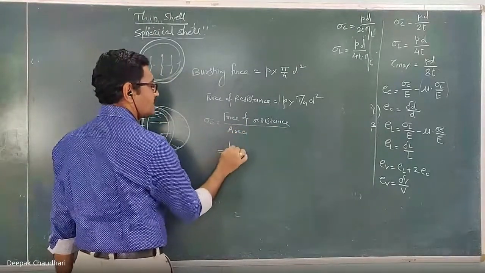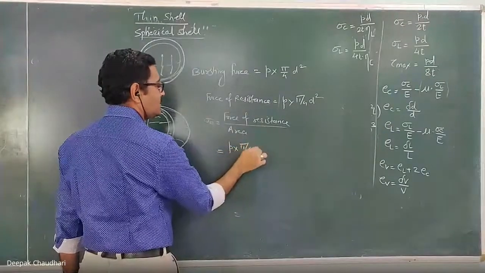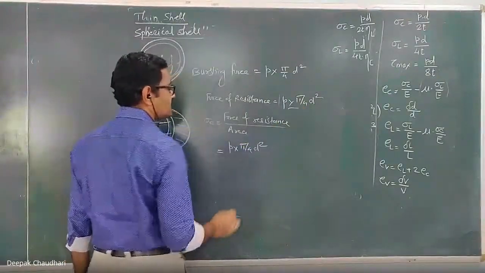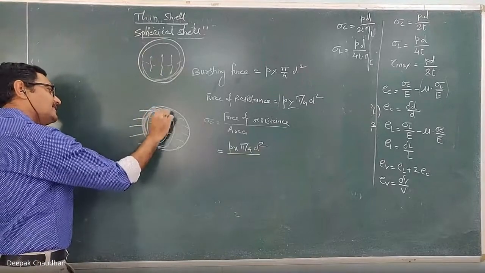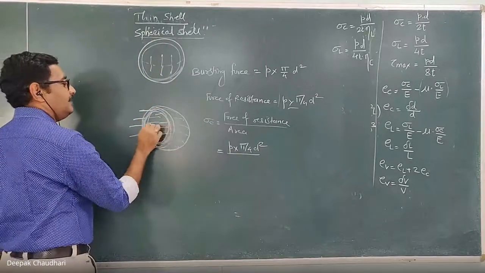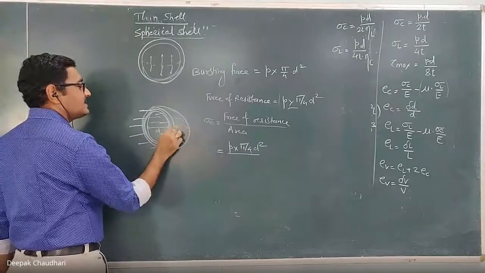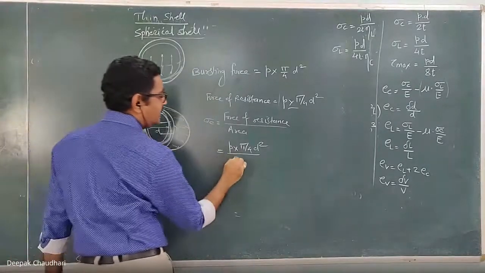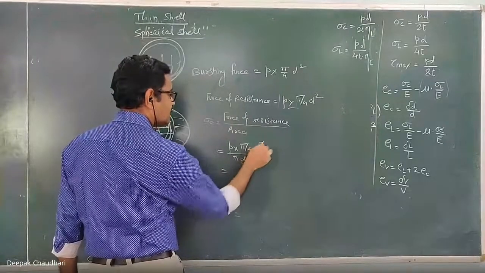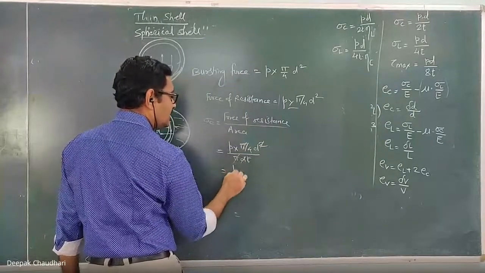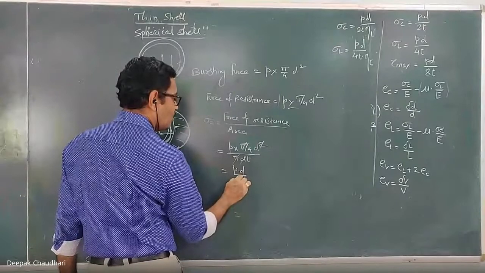The force of resistance is P into pi by 4 into d square, upon the area. Now this area: if the internal diameter is d and the thickness is t, and if we open this area, it will be pi dt. If you simplify this, you will get Pd upon 4t.